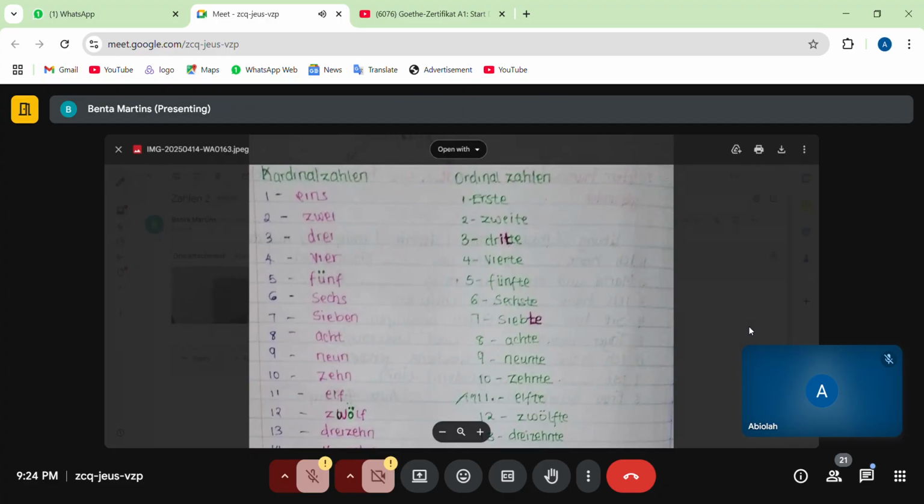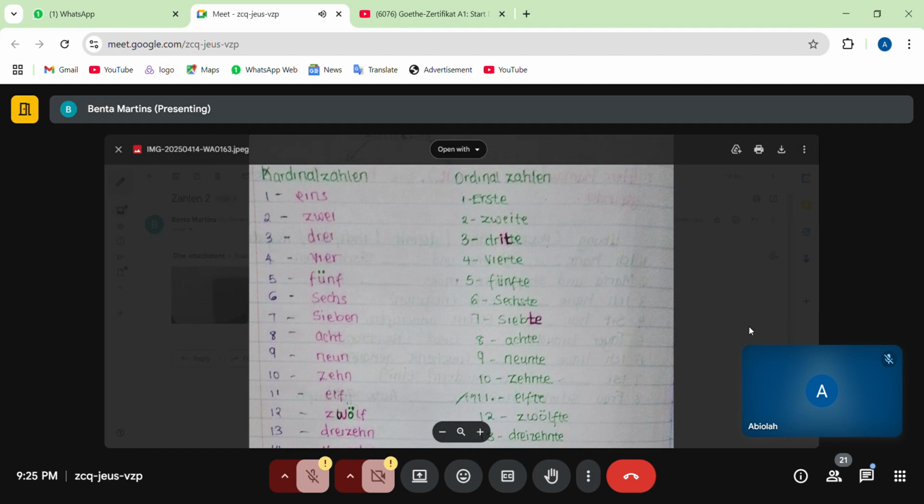So in this case, the rules just simply apply. Remember when we said that when you write 16 and 17, the S is omitted in number 16, and then EN is omitted from number 17. That's why we say sechzehn and siebzehn. So in this case, the rules for ordinal numbers state that from number 1 to 19, you add TE.